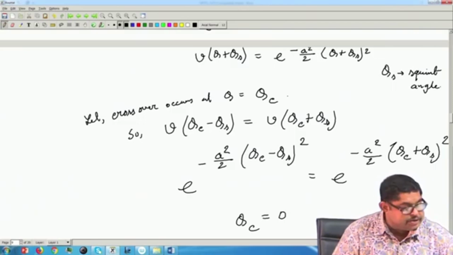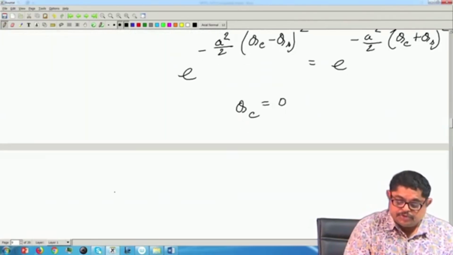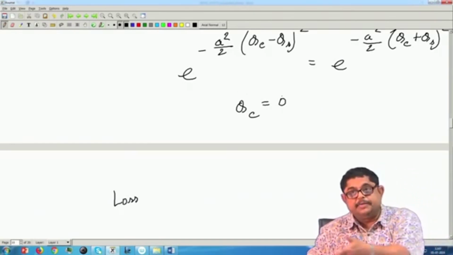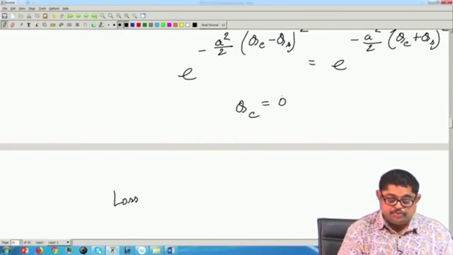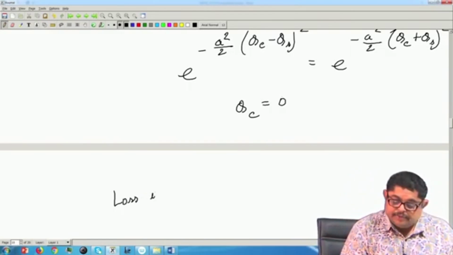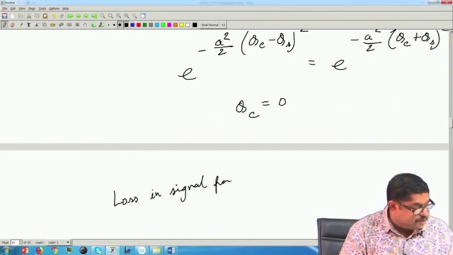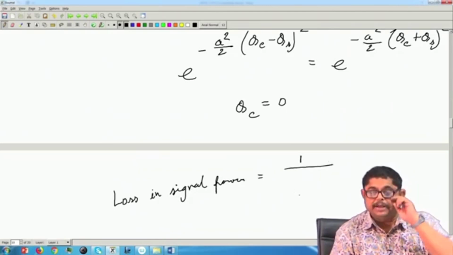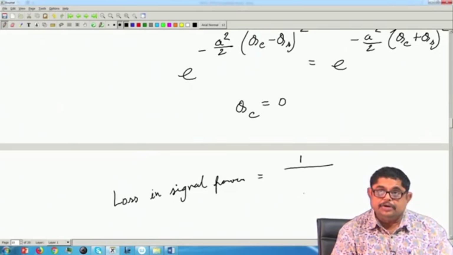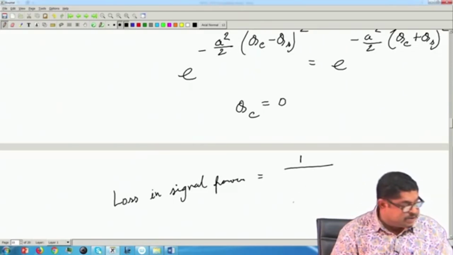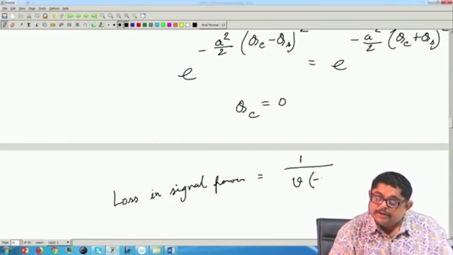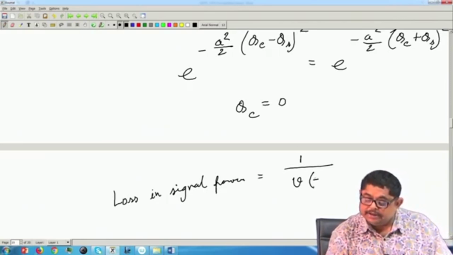So, what is the loss in signal power? Loss I could have said directly and initially from symmetry, but I have shown analytically that this is the way you should do it, analytically always. Loss in signal power is definitely, the actual patterns are normalized, these are Gaussian normalized patterns. So, 1 is the maximum, but actually I am getting V of theta c minus theta s.